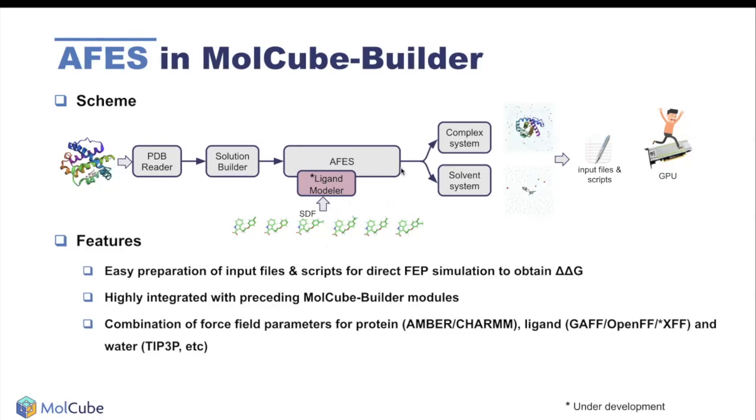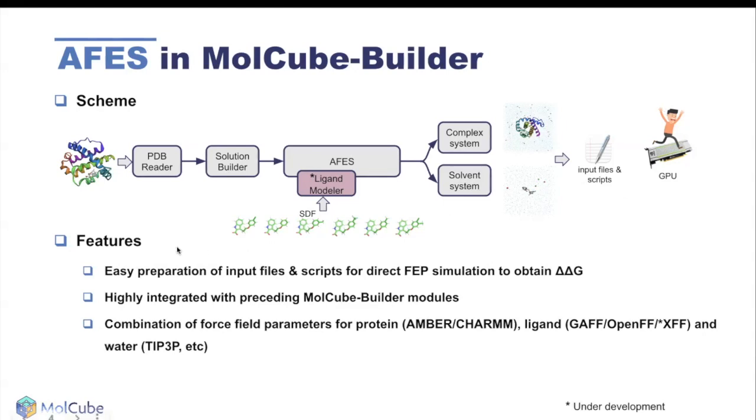Then AFES will take the solution builder output and the user's ligand SDF files as input to build the protein plus ligand system and the ligand solvent system. The AFES module will automatically prepare all necessary input files and scripts for the user to run alchemical free energy calculations directly on GPU devices.